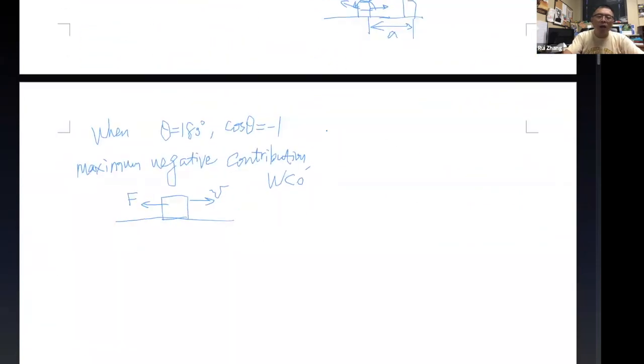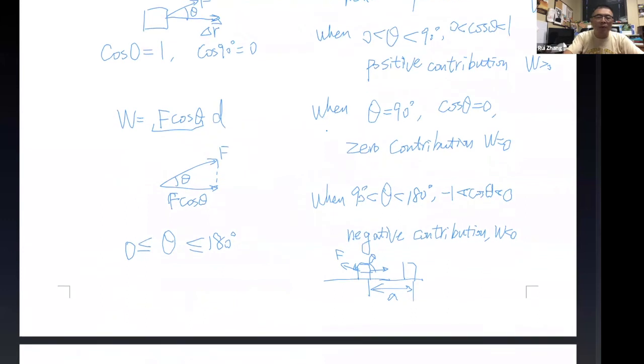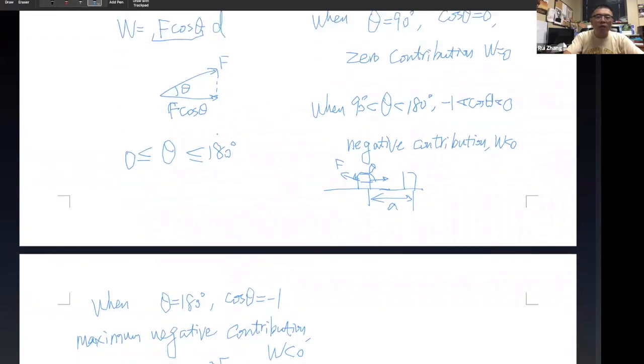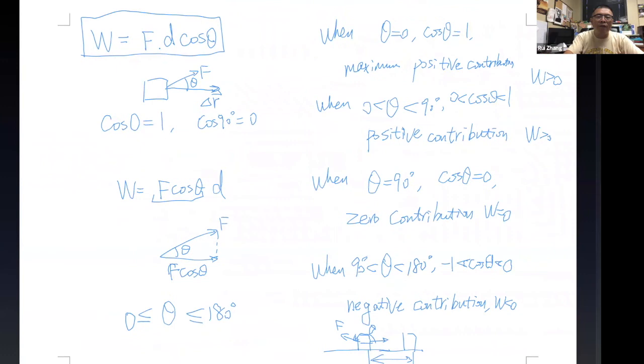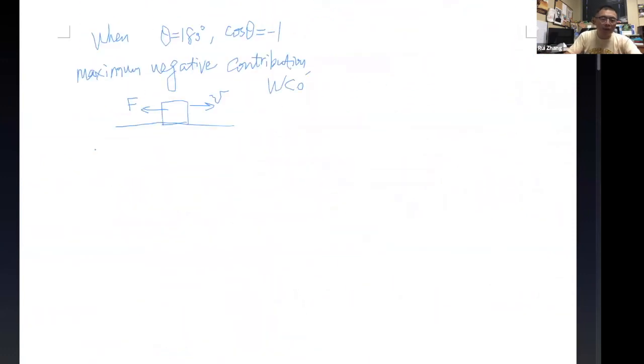Before we do an example, let's also talk about the unit. We have W equal FD, right? The unit for force is a Newton, and for distance you have meter. So the unit for work is going to be Newton times meter.